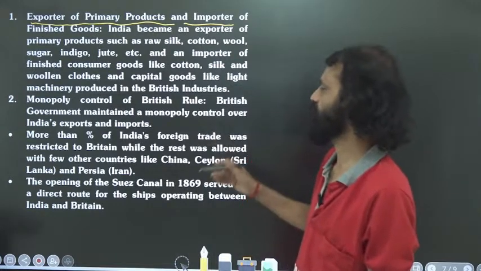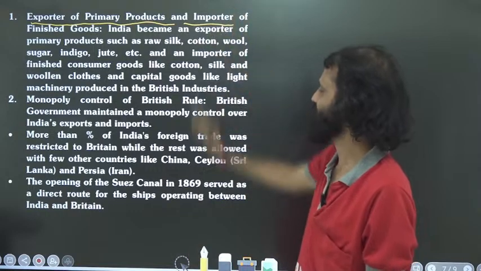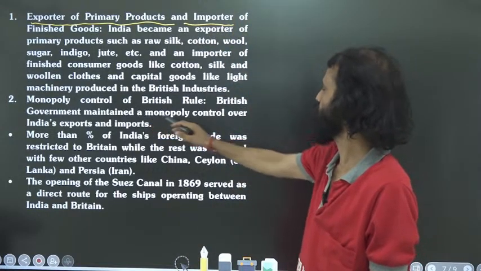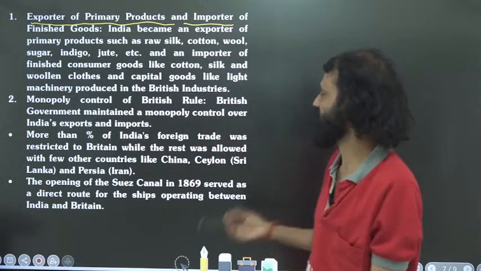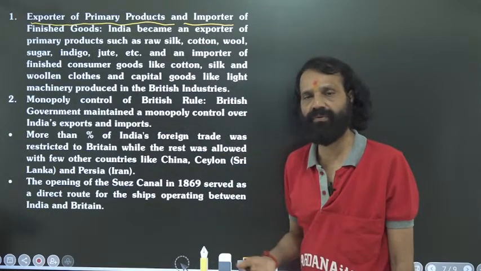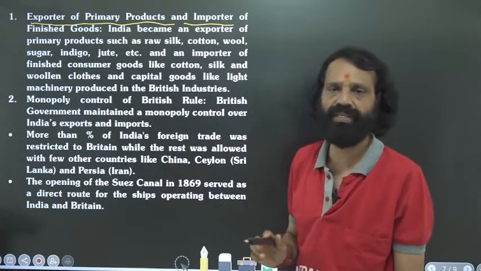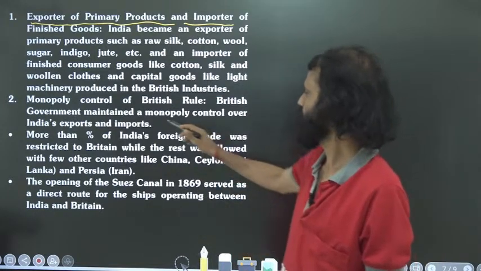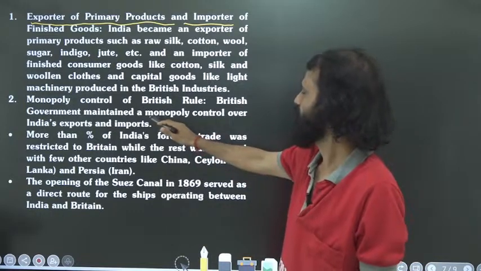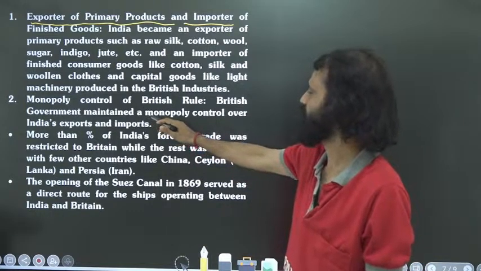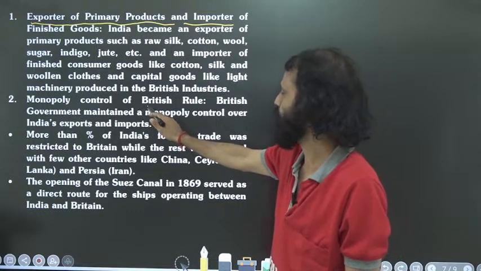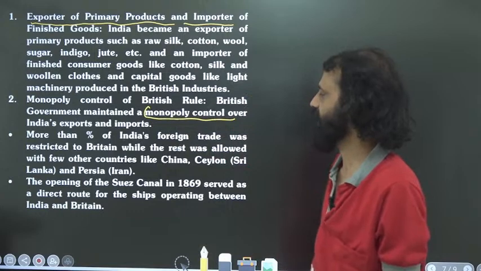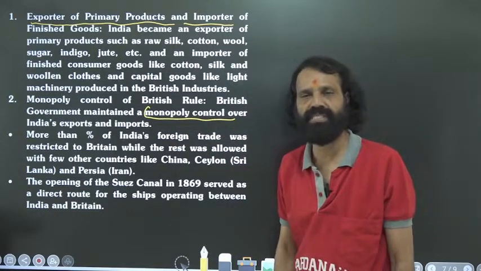That is what we studied in this area. The British government maintained a monopoly control over India's exports and imports. They were ruling our country and we were the colony, so we experienced a lot of troubles. Britain's monopoly destroyed India's export and import business.